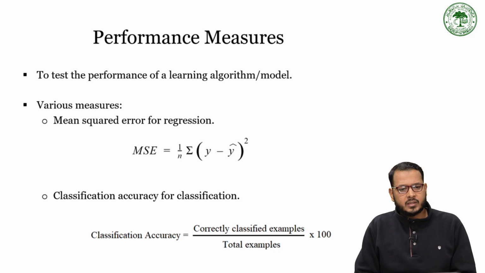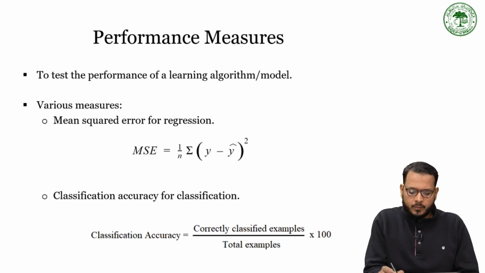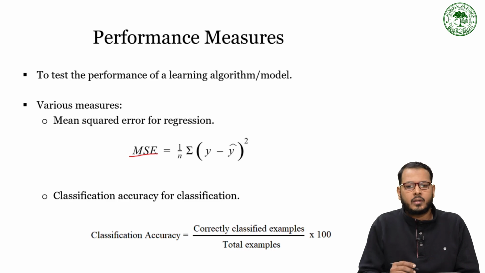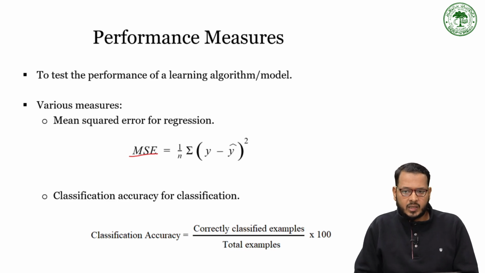So let's first discuss the performance measures that we have already seen. As you know, performance measures help us assess how well the algorithm is working. So far, we got familiar with the following two matrices. Mean squared error, MSE, is used for regression tasks.